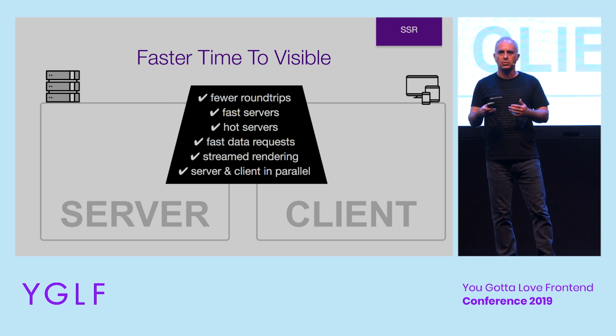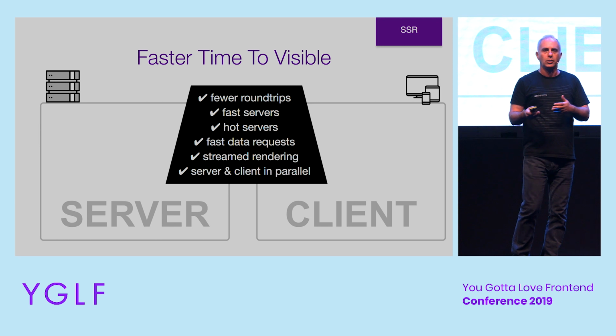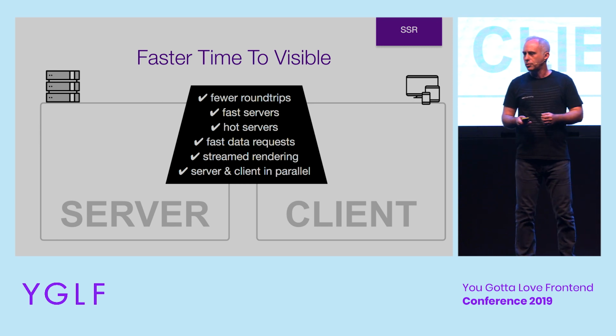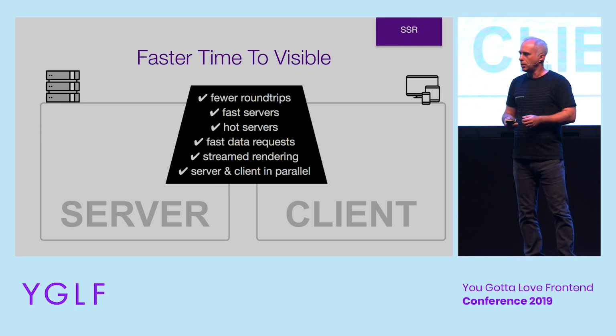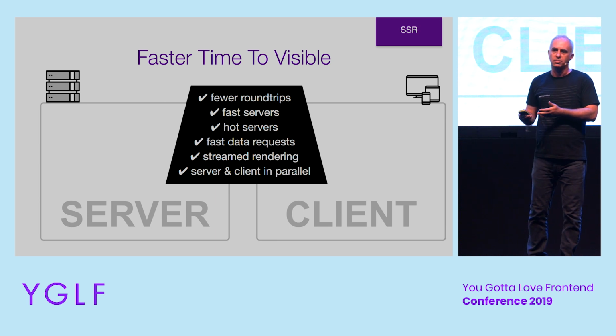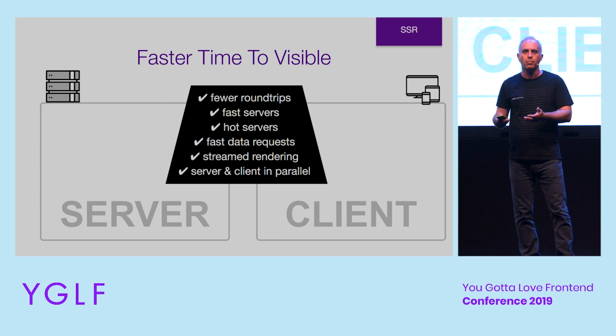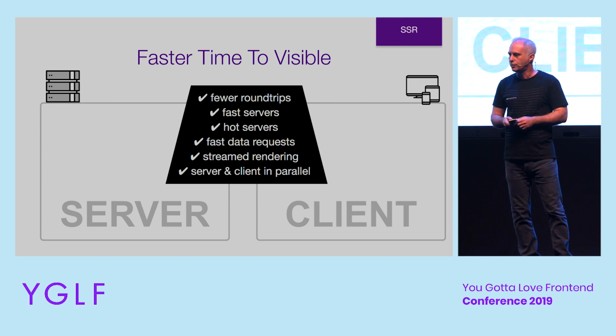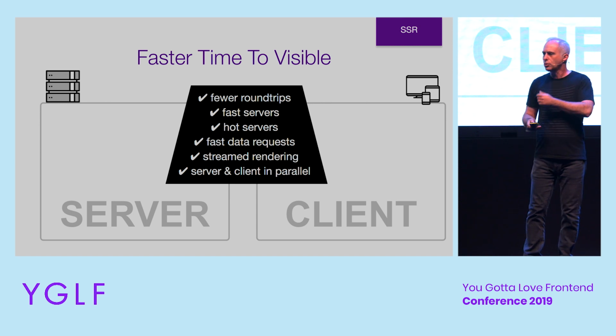So it's at least 2 or 3 round trips, whereas with server-side rendering, it's just that HTML that arrives. Another benefit is that your servers can be bigger and faster with more memory than the client device, especially if the client device, as is most common these days, is a mobile device and might be a really low-end phone. And other reasons as well.